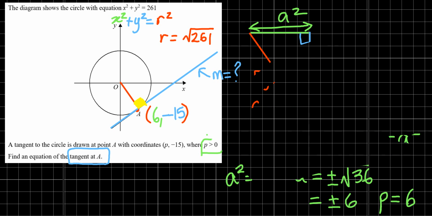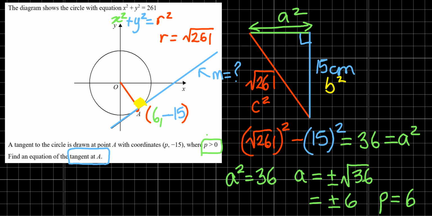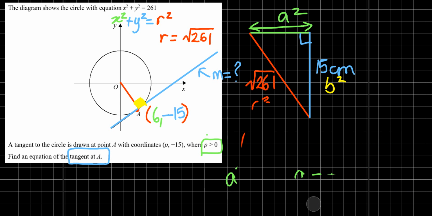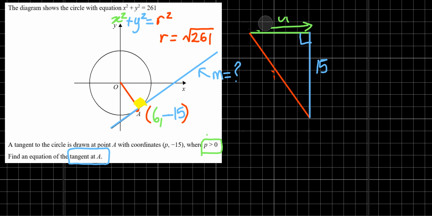Actually, I could reuse that triangle. So we know that side is 15, we know A is 6, and this is minus 15 because the line is going down. To work out the gradient, it's the difference in y over the difference in x.